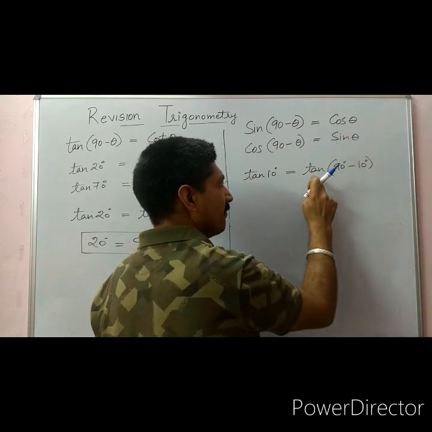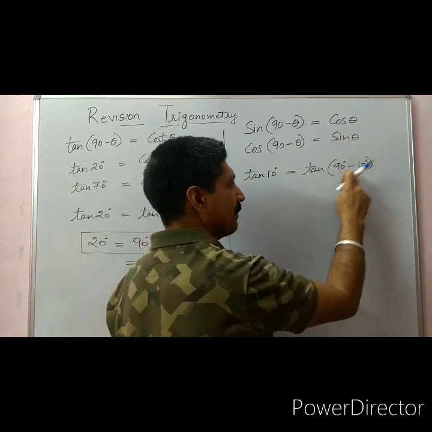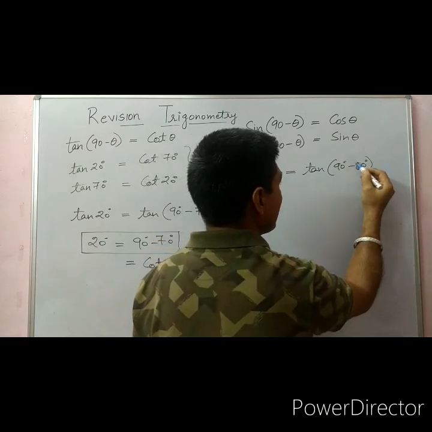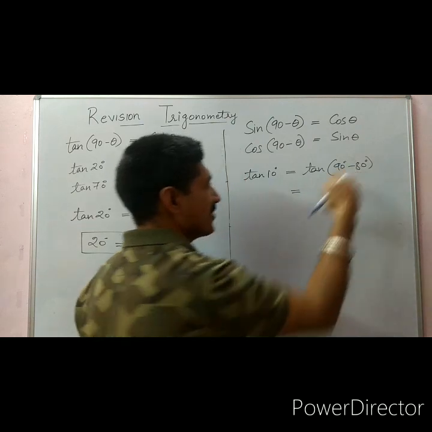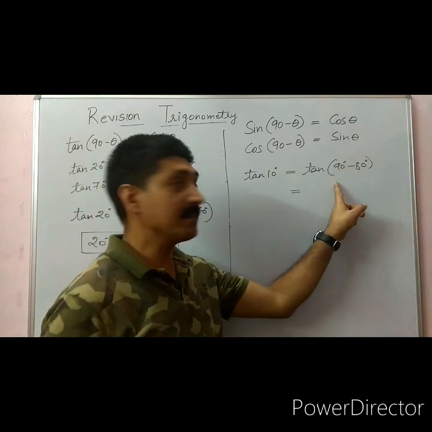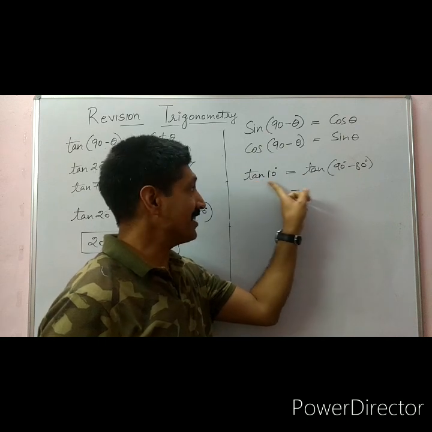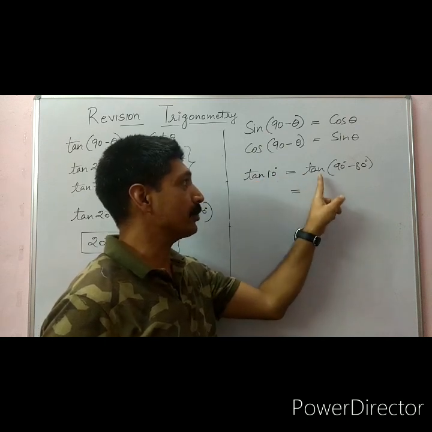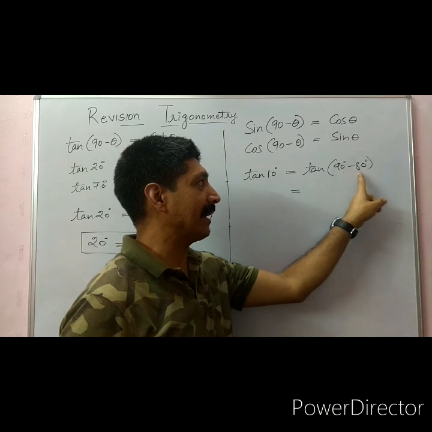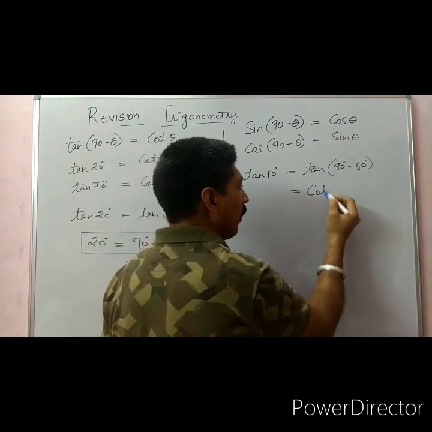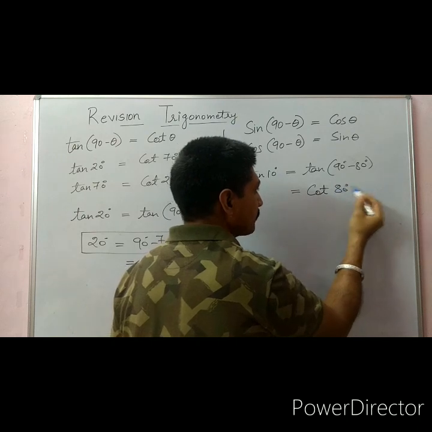So here we have the formula tangent of 90 minus 80 here. This is the big mistake students are doing. So here we are writing in place of tangent of 10 degree is equal to tangent of 90 minus 80 degree. So which is equal to cotangent of 80 degree.